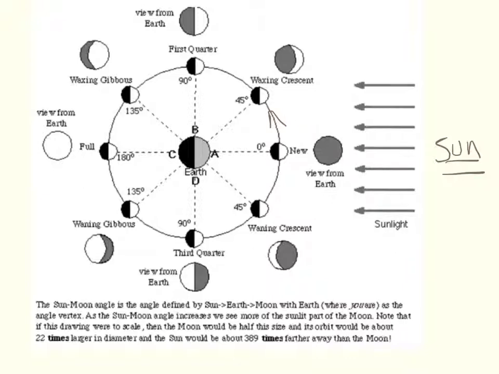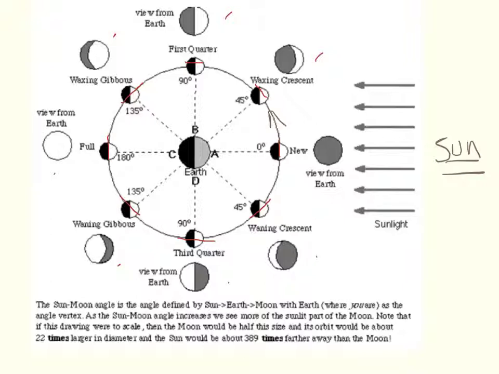And what I want you to look at is if we could draw a line here, we see the half of the moon that's facing the Earth. Okay, we see the half that's facing us, and what that looks like are these pictures here.